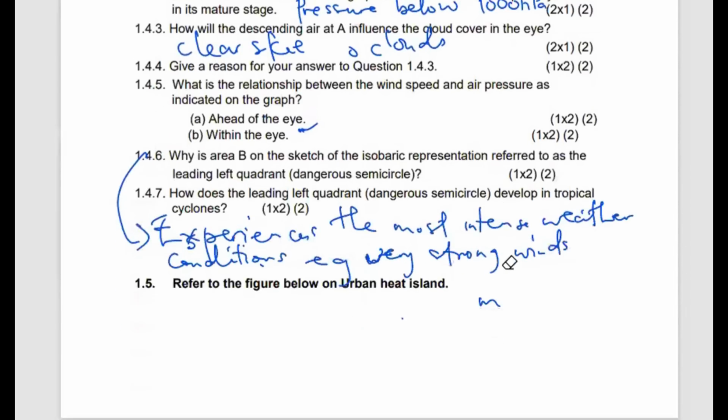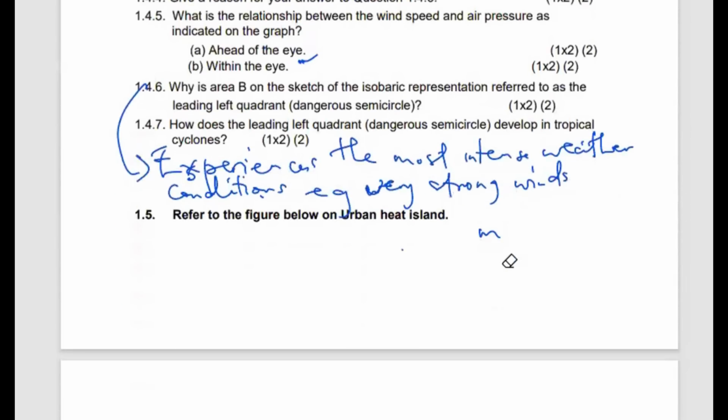Right, I'll move on to the next question. How does the leading left quadrant, the dangerous semicircle, develop in tropical cyclones? I think I have ultimately answered that question. Right, I've answered that question.